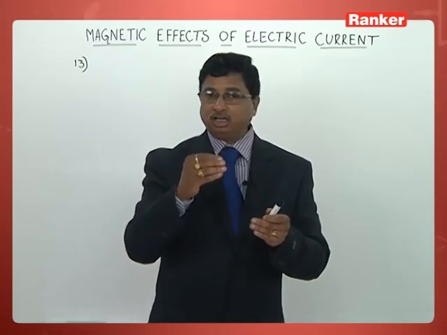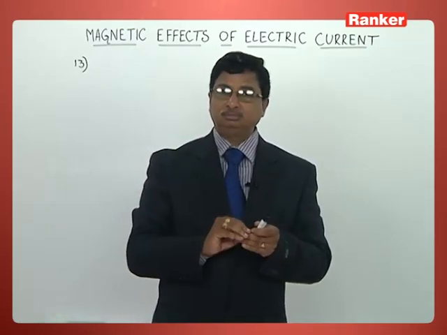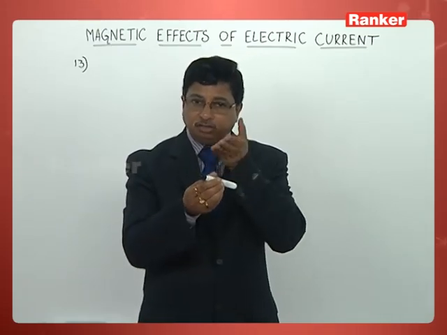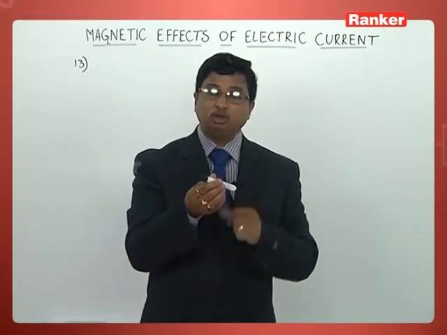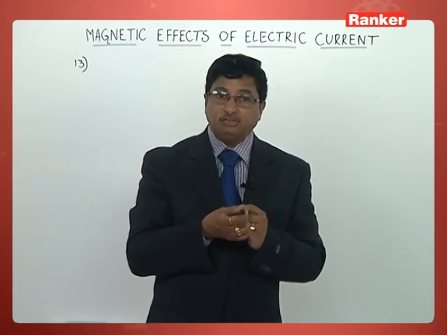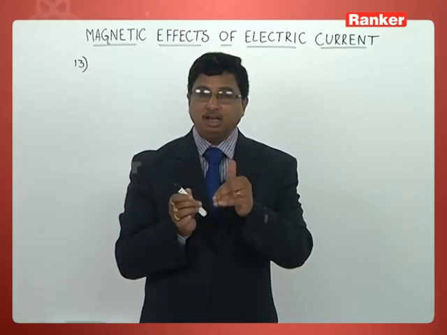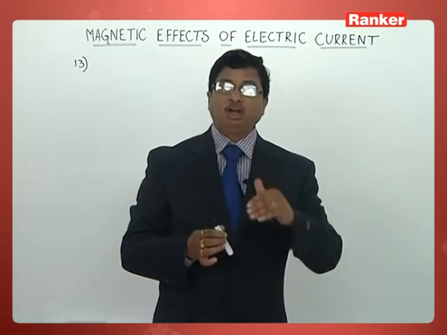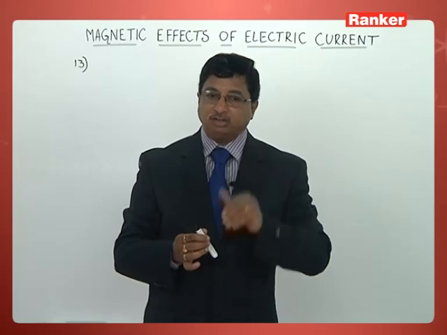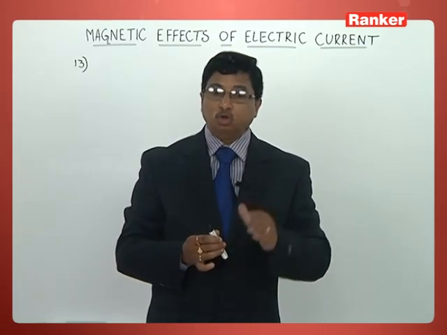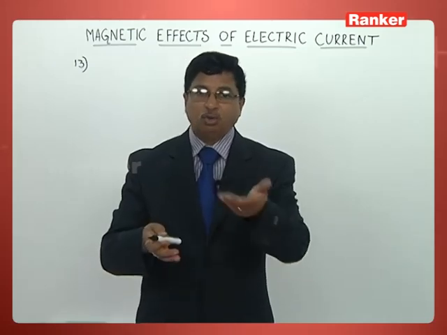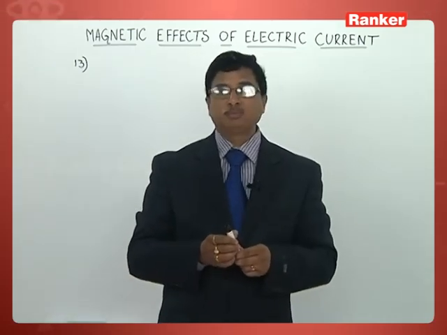What torque is required for this magnet to stay in this new position? New position of what? 60 degrees angle from the direction of the field. So what is that value of torque that is needed to maintain the needle in this new position? What is that value he is asking you?